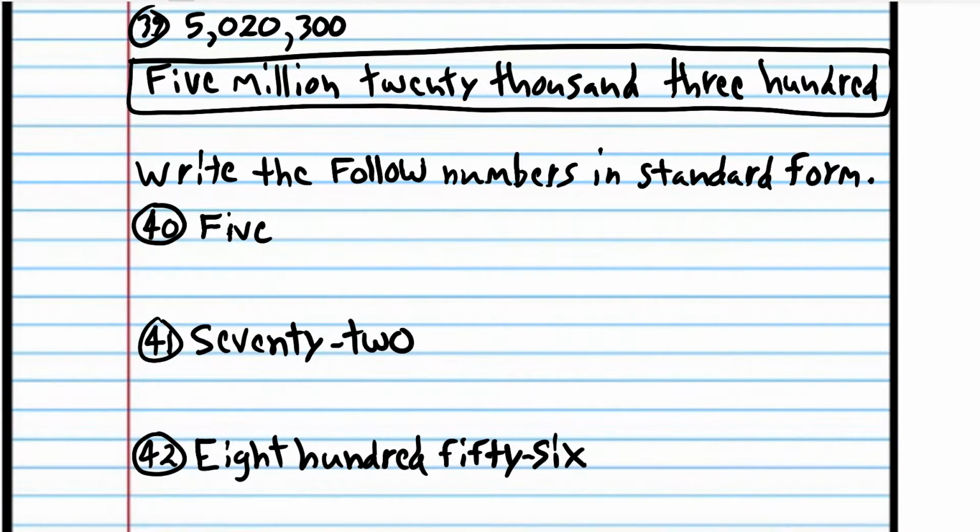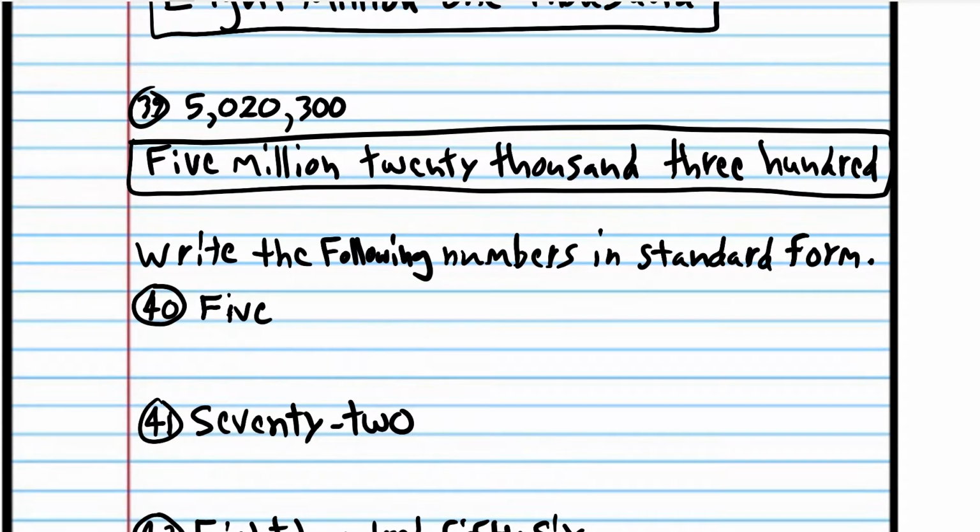Write the following numbers in standard form. I wrote follow instead of following. Now, standard form is with number symbols, right? This is word form, and this is standard form.